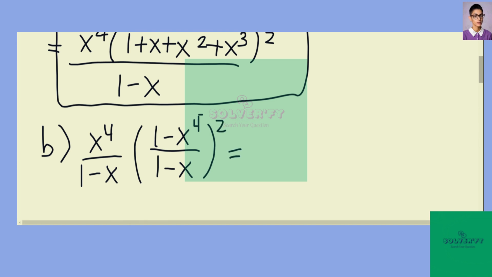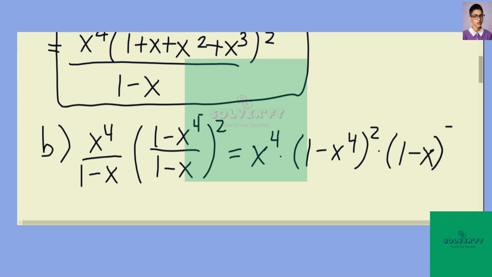This is equal to x to the fourth times 1 minus x to the fourth squared times 1 minus x to the negative third.